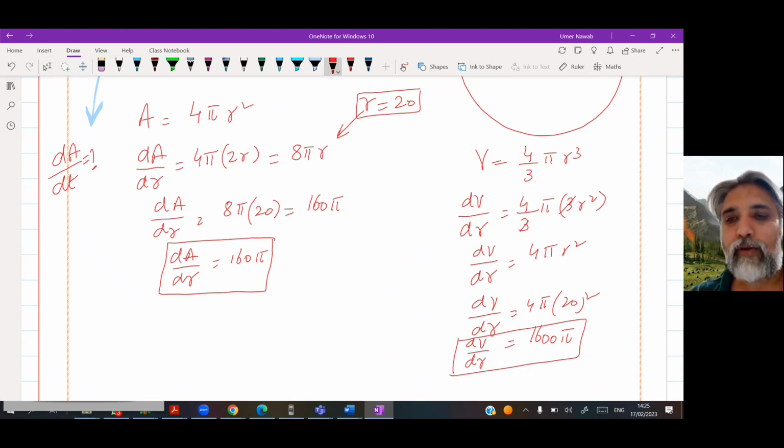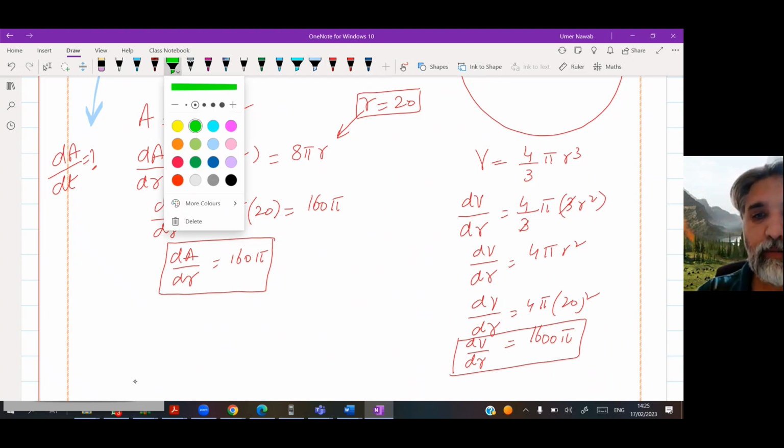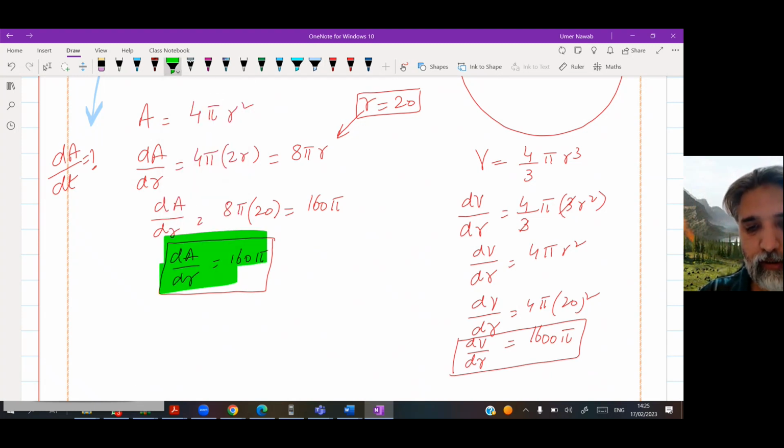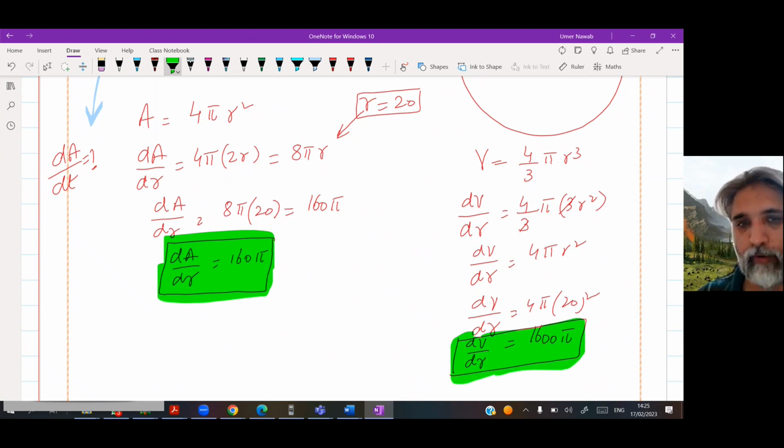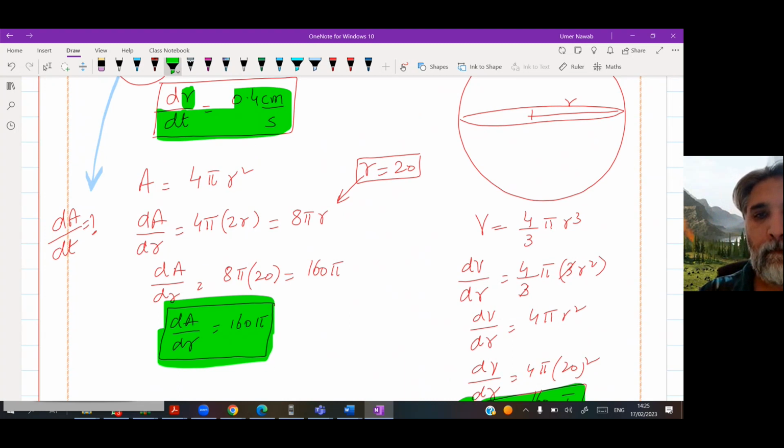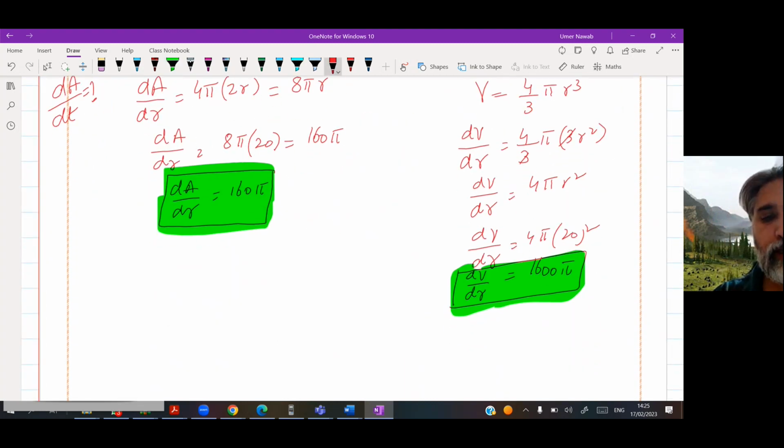Maybe you guys are thinking, Mr. Romer, we don't know what to do in this question. It's expanding. No worries, no worries. Just highlight the things which you can easily find from the question. Now as I want to find dA over dt, we need to split this into two fractions.